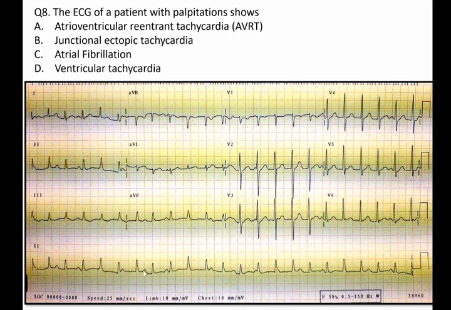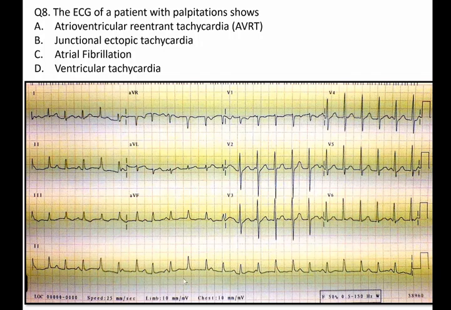We just need to mark out the P waves and then you can follow them at their expected time. So you see that the P waves are occurring at their expected times, and at times they are distorting the QRS complex, and at times they are occurring after the QRS, and sometimes they are occurring before the QRS, causing a capture beat. That is, the next R wave or QRS complex comes a little earlier. And the number of P waves is much less than the QRS complexes.